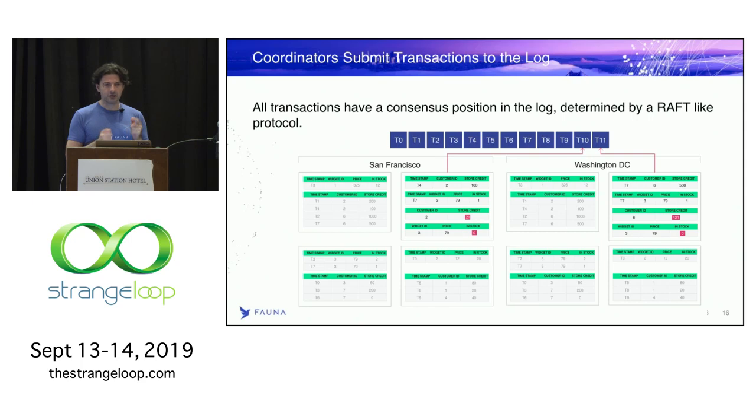What we also ship with the transactions is the timestamps and the keys that were read. We are not taking any locks when the transactions are run. Rather, instead of pessimistic locking, we are using optimistic locking.